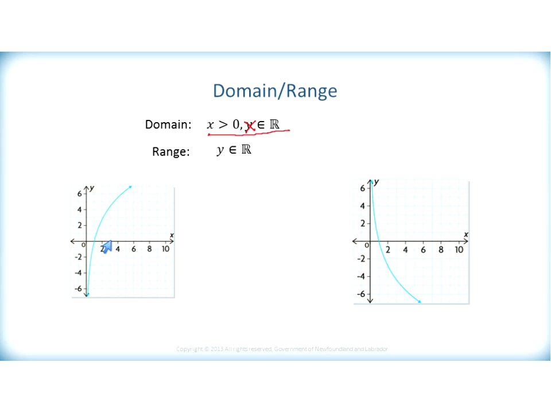This makes sense since in our table of values, if we use our calculator and try to calculate y equals log 0, we will get an undefined answer. An error will come up on our calculator. If we use y equals log of -1, once again, it's undefined.